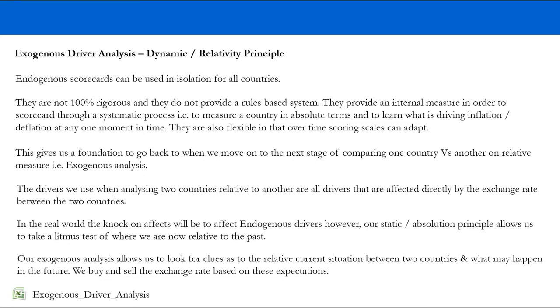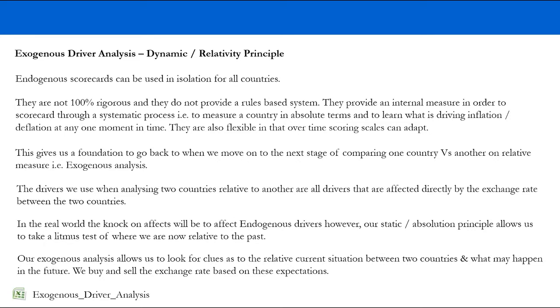And the drivers we use when we're analysing two countries relative to another are all drivers that are affected directly by the exchange rate itself between the two countries. Now, in the real world, the knock-on effects will be that the drivers will somewhat affect the endogenous drivers.